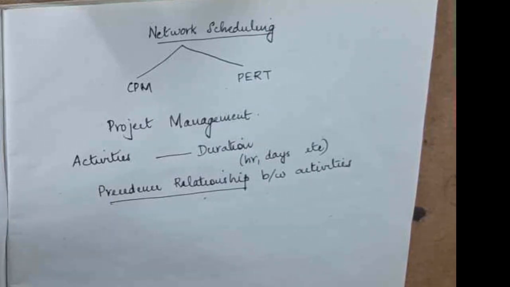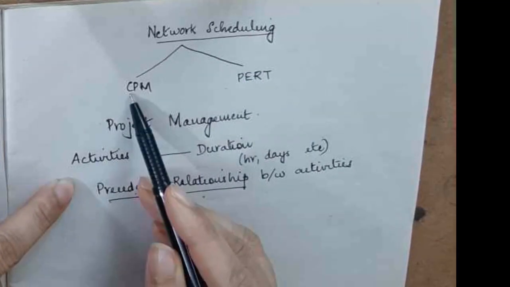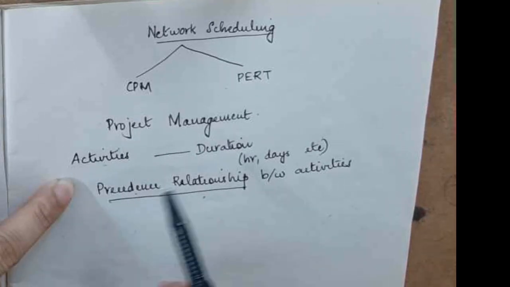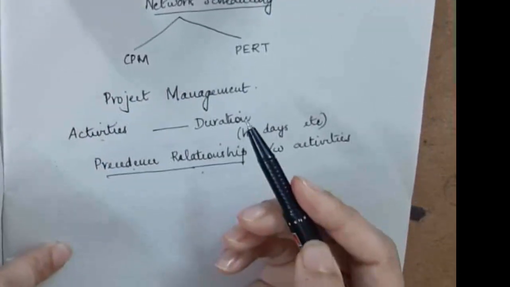So for an activity to start, a previous activity should finish. Once this activity is over, you can start the next activity. So there is a flow of events. That is called the precedence relationship. So these are the inputs for a network in the critical path method: each project will have activities, durations and precedence relationships.